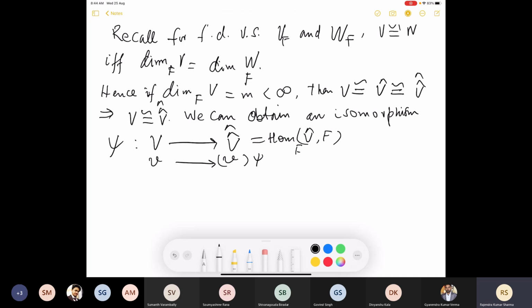So that means this is a mapping from V hat to F. And this domain of V psi, which is a mapping, is therefore V hat. So it has to take f under V psi, and this has to be a scalar.